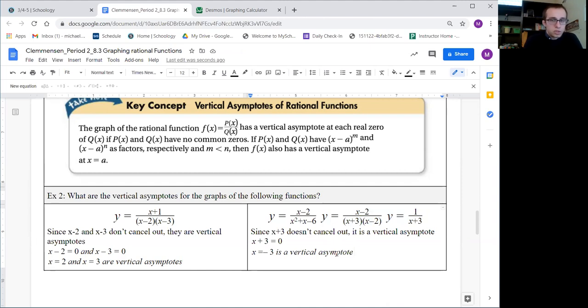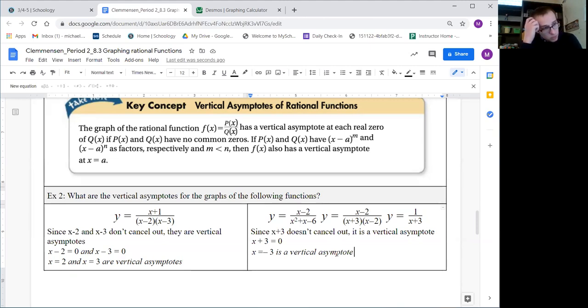Are there any questions on this process of factoring, canceling, and then finding your vertical asymptotes? So it's a great question.